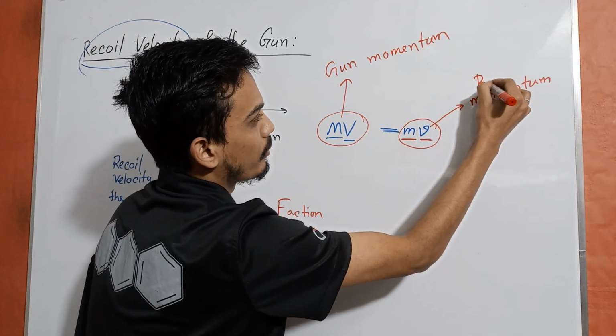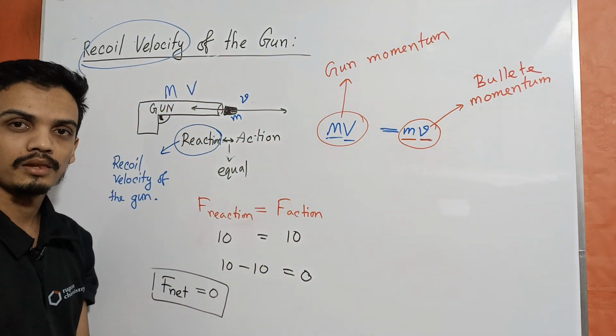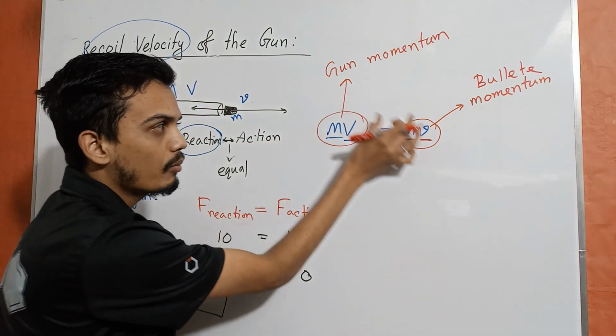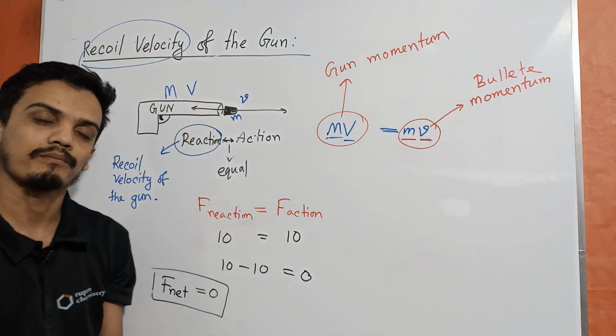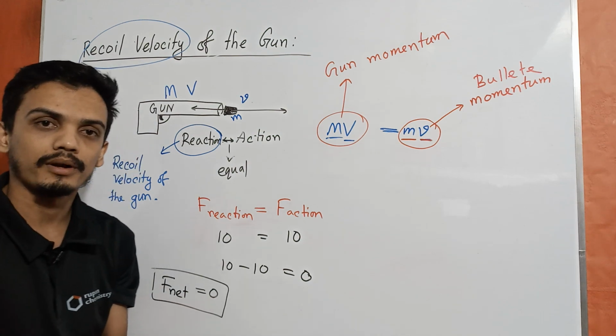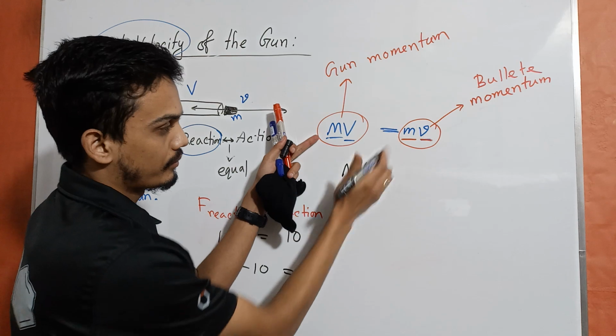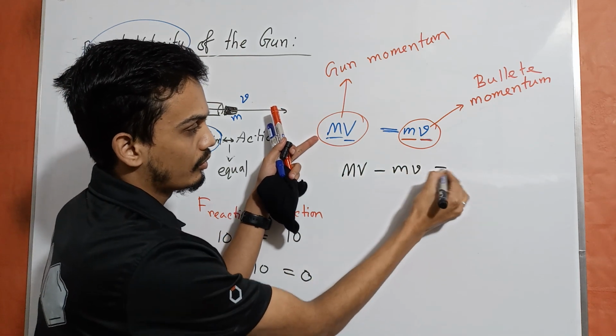So always the gun momentum equals the bullet momentum. MV minus mv equals 0.